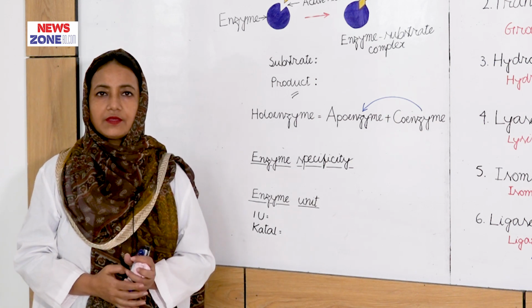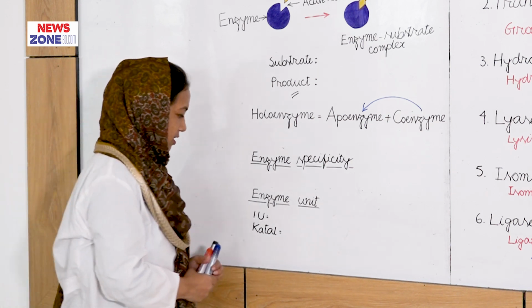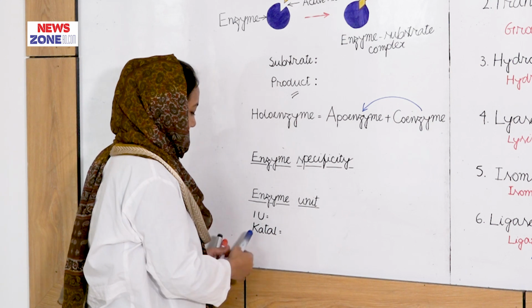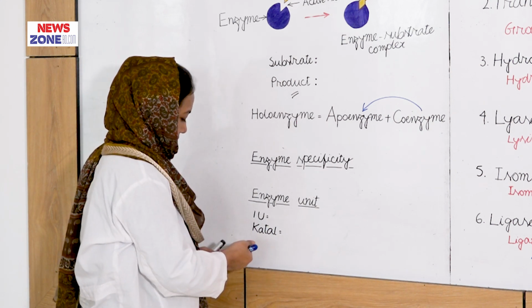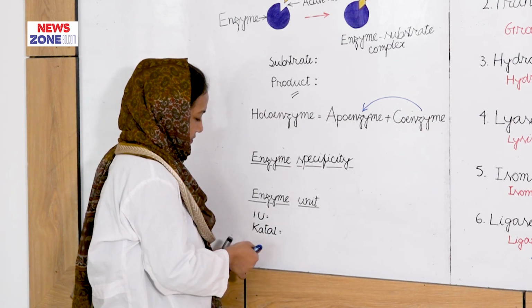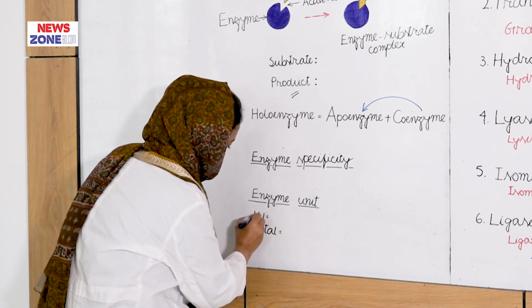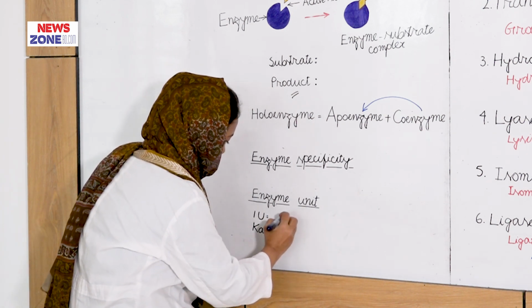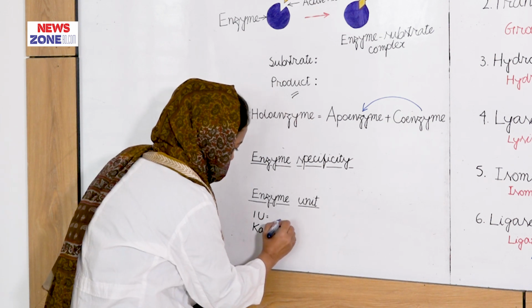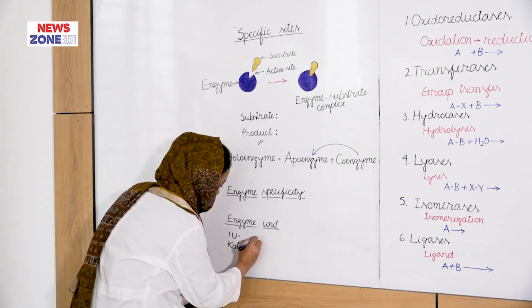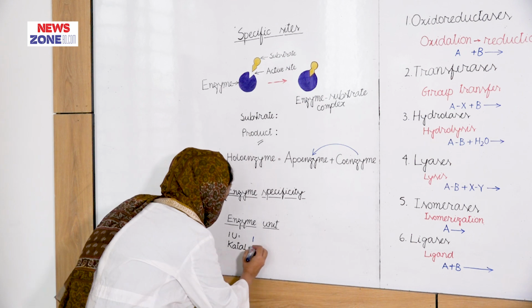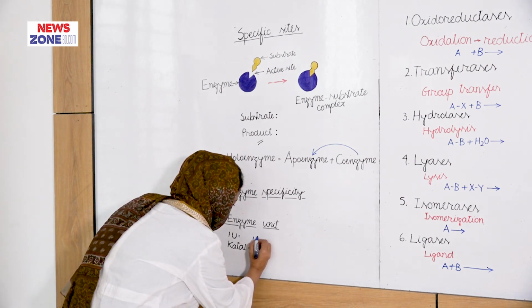The units of enzyme activity are the international unit and katal. Katal is a recent unit of enzyme activity. According to the international unit, it denotes the conversion of 1 micromole of substrate per minute.